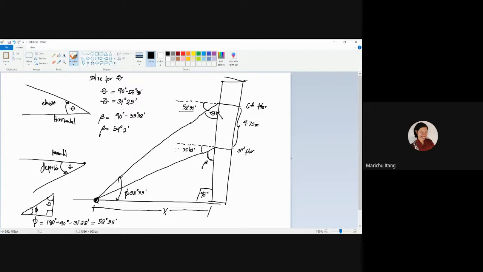So using this, we can compute the value of this whole length from the 6th floor to the ground floor, right? We can solve it. So let's say this is h.